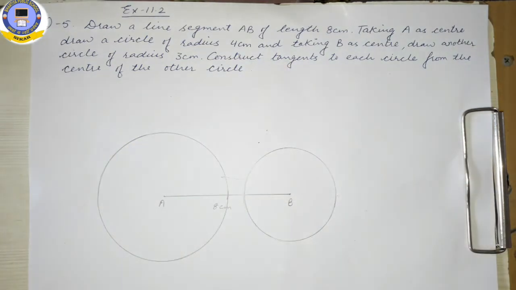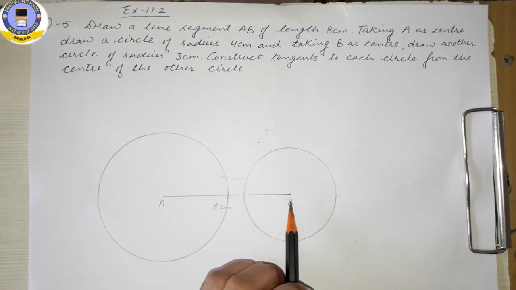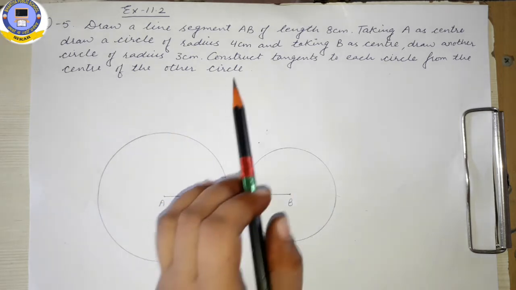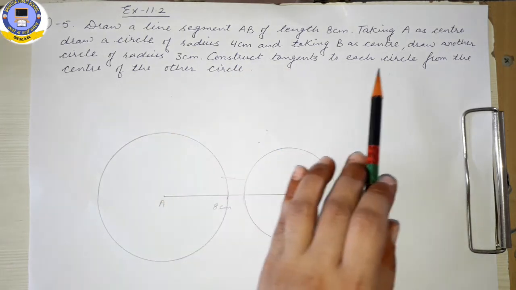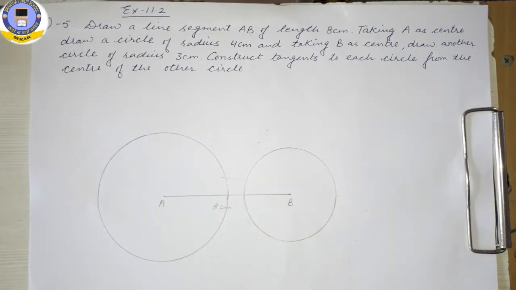So we have drawn two circles, one having center A and radius 4 centimeter and another having center B and radius 3 centimeter. Okay. Now what they are asking is construct tangents to each circle from the center of the other circle. Now what you have to do?